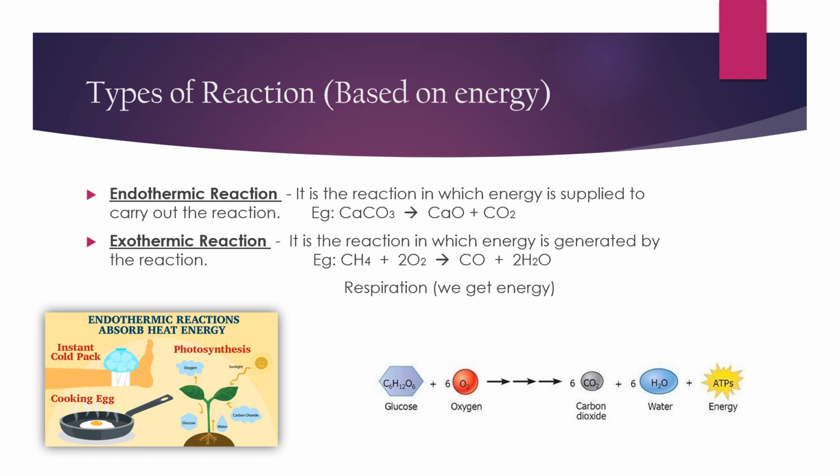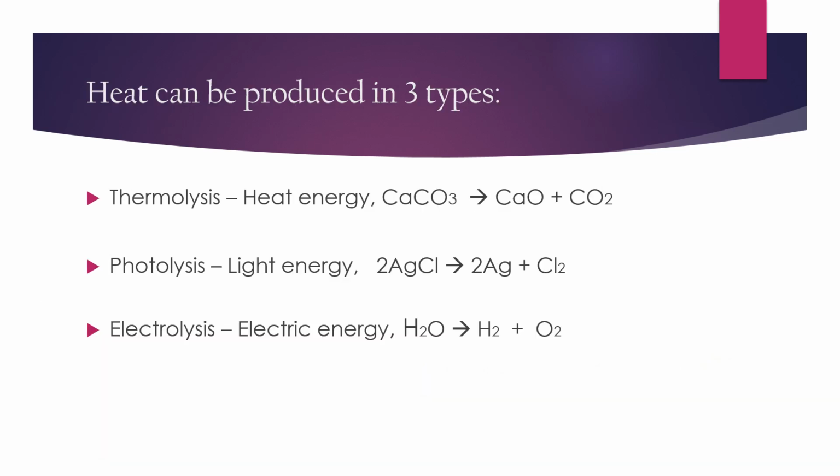ATP is adenosine triphosphate. You will learn this in the first chapter of biology. So in respiration we get energy; through the process of respiration our body gets energy, and that's why we are able to play cricket, football and many other things. Okay, so let's go to the next slide.